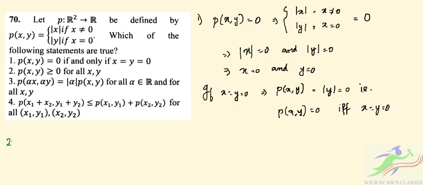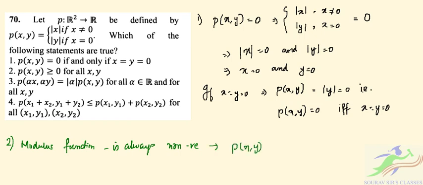Let us check option 2: P(x,y) is greater than or equal to 0 for all x, y. We know that the modulus function is always non-negative, so P(x,y) should be greater than or equal to 0. So option 2 is also correct for all x, y.